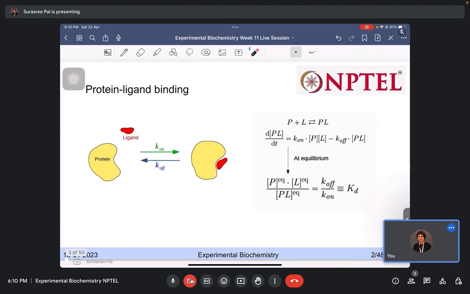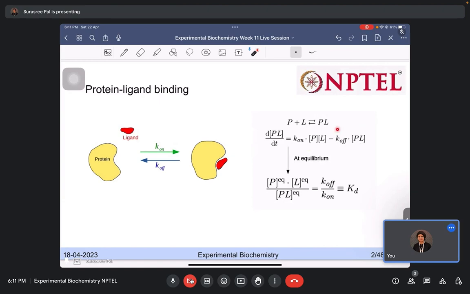Now, the rate of change of the concentration of this protein-ligand complex, that is dPL by dt, can be written as K on into P into L. So this is the forward reaction where the protein and the ligand bind to each other, minus the reverse reaction, which is K off into PL, when the protein-ligand complex dissociates to form free protein and free ligand, right?